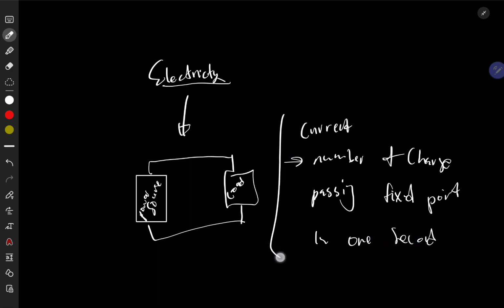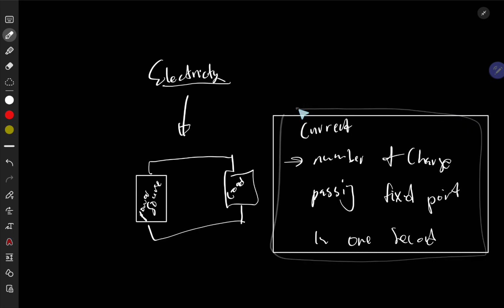So remember the definition I gave you, the rate of flow of charge, is just the more scientific way of saying exactly that.